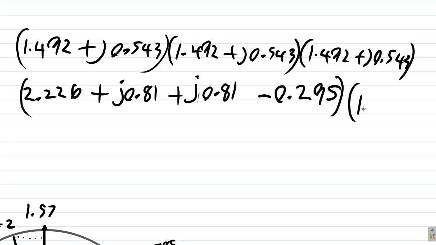And that will multiply by 1.492 plus j 0.543.